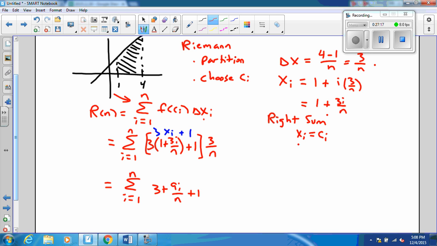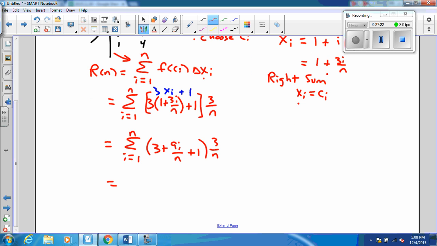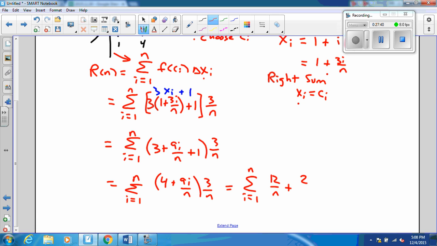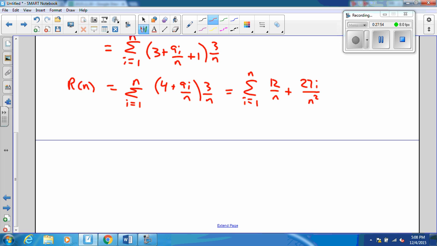This is the sum from i equals 1 to n of, looks like we're going to have 3 plus 9i over n plus 1 times 3 over n, which is going to give me 4 plus 9i over n times 3 over n, which is going to give me now the sum i equals 1 to n of 12 over n plus 27i over n squared.